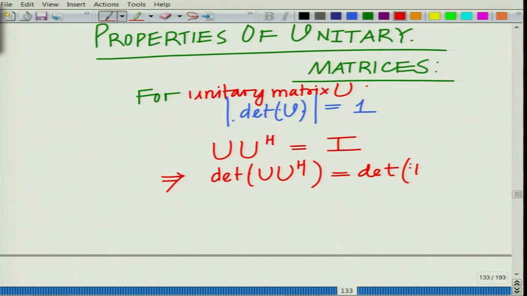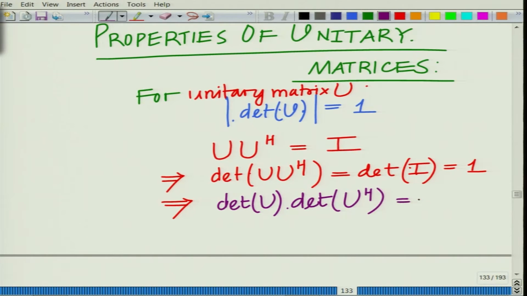equals determinant of identity, which is equal to 1. But the determinant of the product of two matrices is nothing but the product of the determinants, determinant of U into determinant of U Hermitian equal to 1. But determinant of U Hermitian is the conjugate of the determinant of U, a property of the determinants.